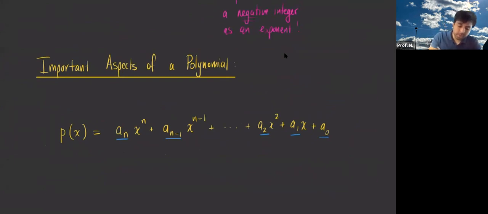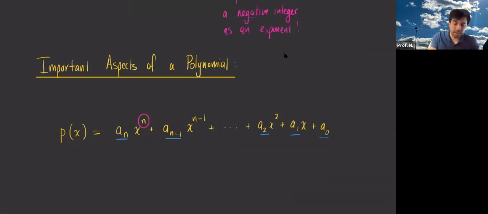The first thing to notice is that normally we write polynomials with the highest power first and every power that's less than it afterwards. So we write in descending order.